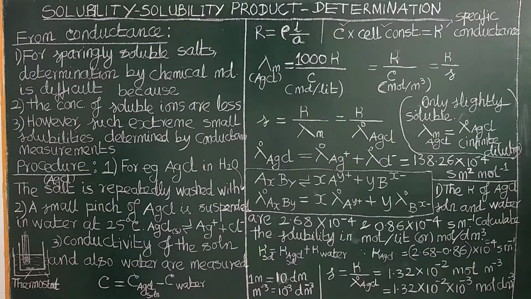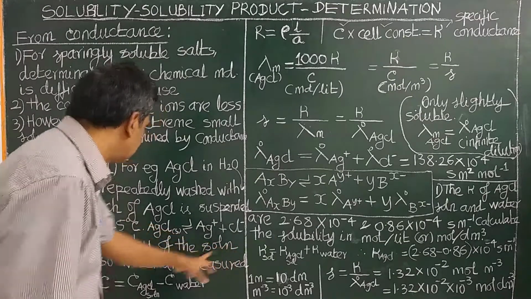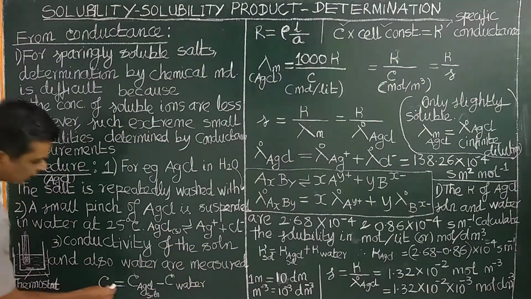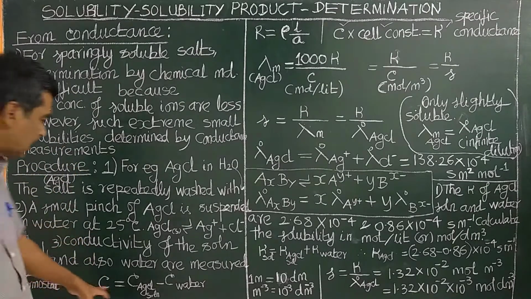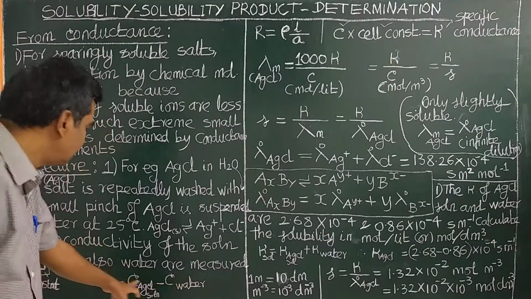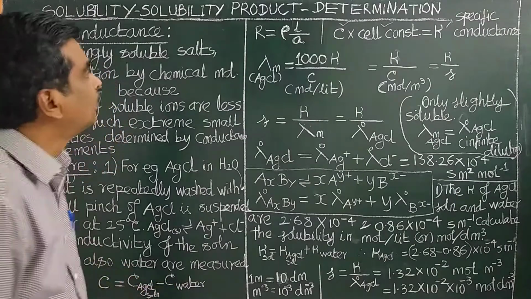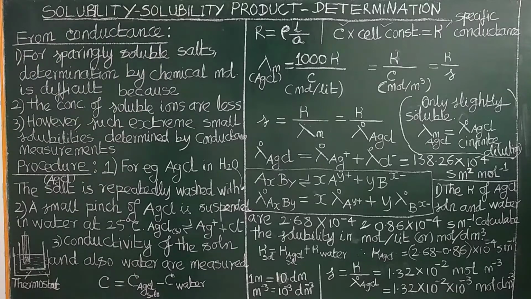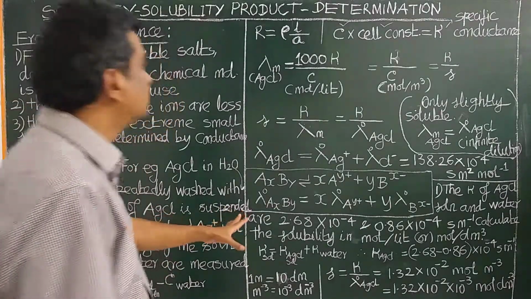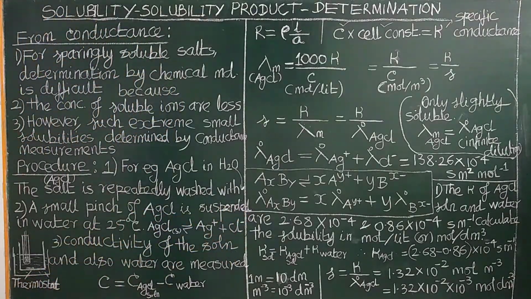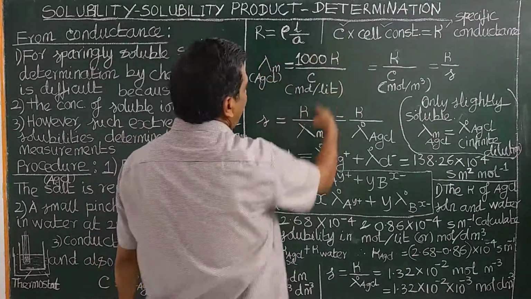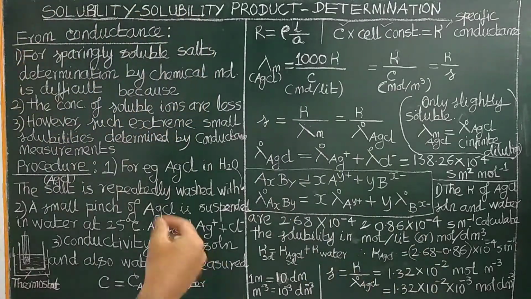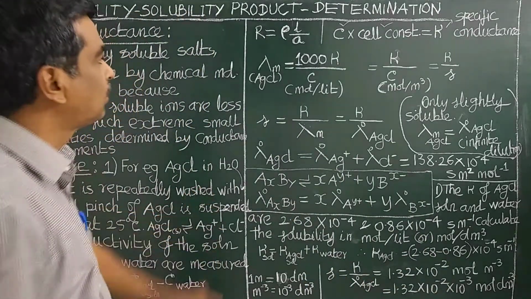Therefore, the conductance of silver chloride alone can be calculated by subtracting that of water. Now we know the conductance. We have measured the conductance of the saturated silver chloride solution. Using the formula, we can calculate the solubility of the sparingly soluble salt silver chloride.